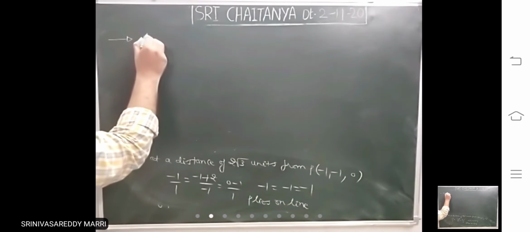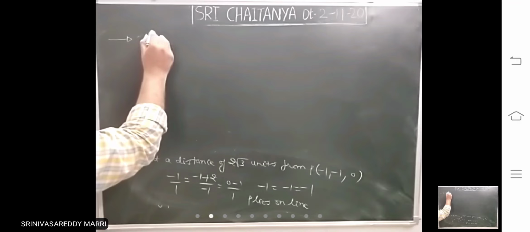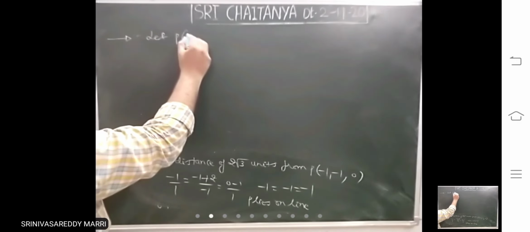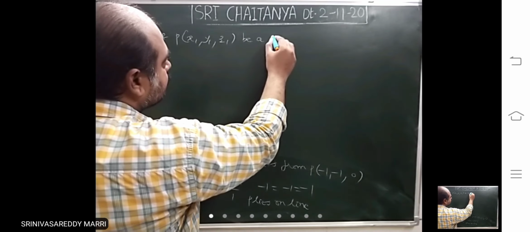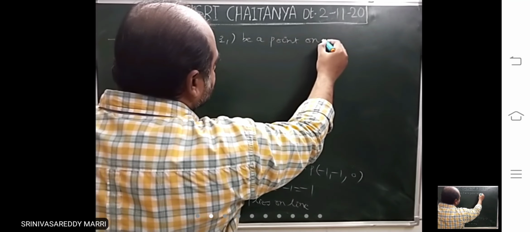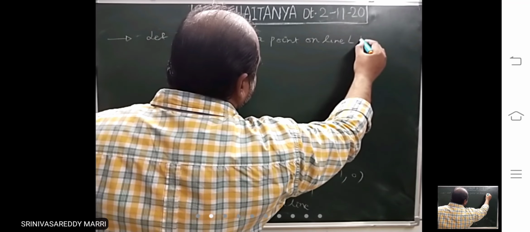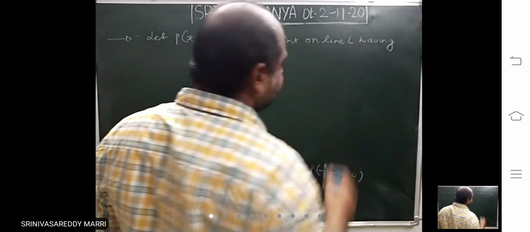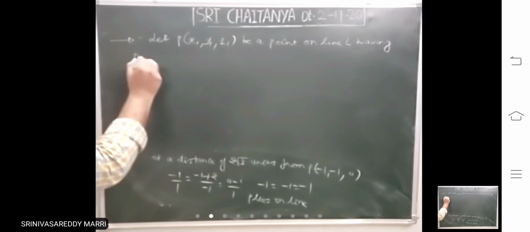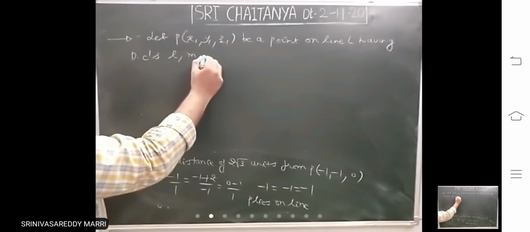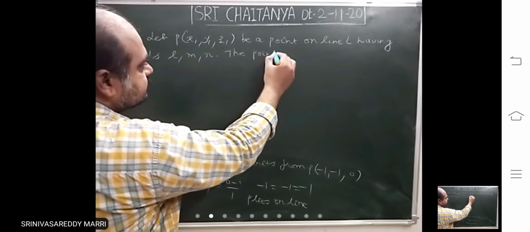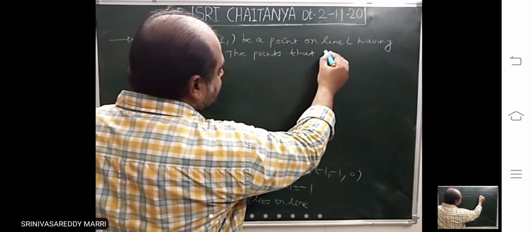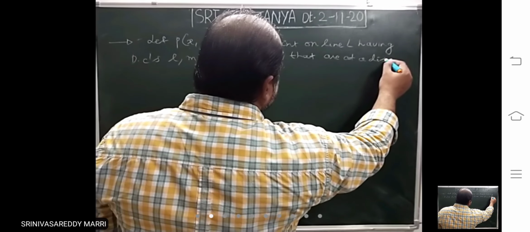Next, I will tell one formula. Let P(x1, y1, z1) be a point on line L having DCs l, m, n.